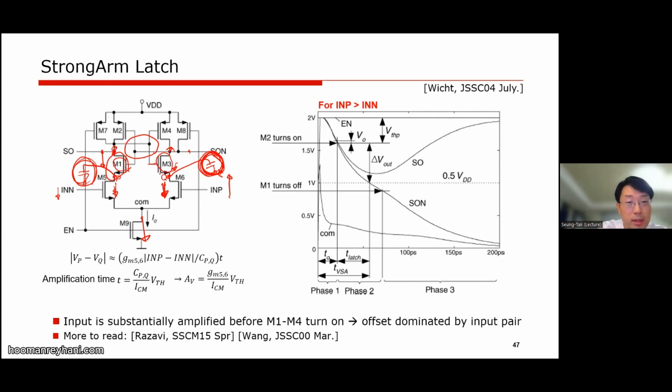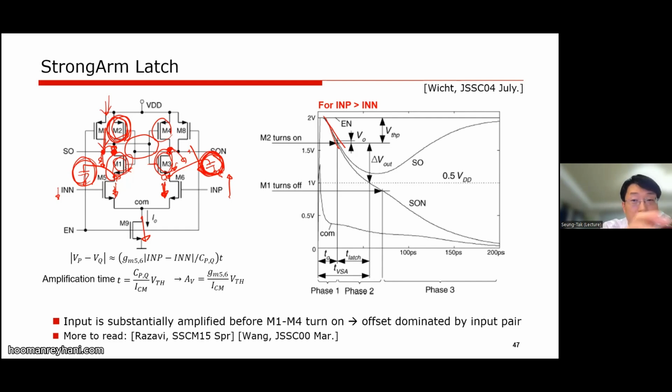And then after these are turned on, the output node voltage will discharge, which turns on the PMOS transistor. So at first the output will discharge, and when the PMOS turns on, let's say this one is turned on first, then while the output voltage discharges here, this one turns on more strongly, so this one pours the current.